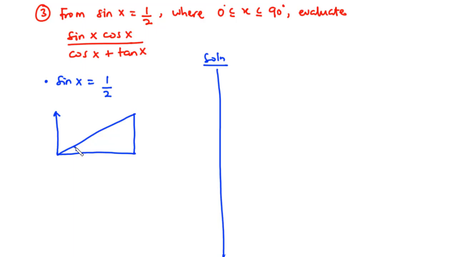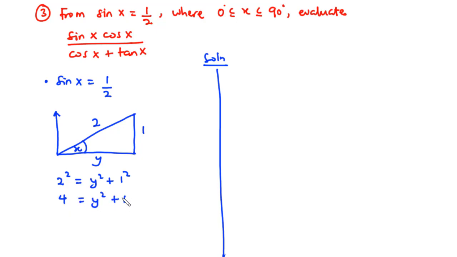So we have this angle to be x. Sine is opposite over hypotenuse, so the opposite side is 1, the hypotenuse is 2. Now let's find the adjacent. So we have 2 squared equals y squared plus 1 squared. 2 squared is 4, so 4 equals y squared plus 1 squared, and 1 squared is still 1.